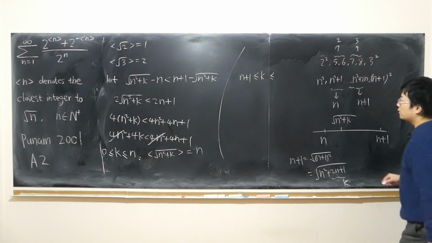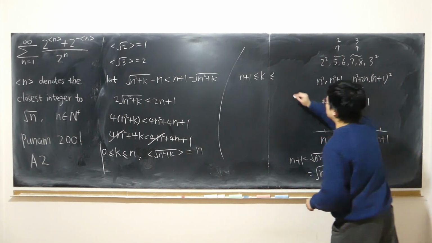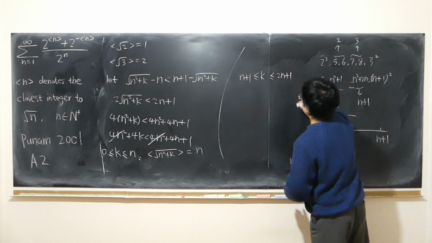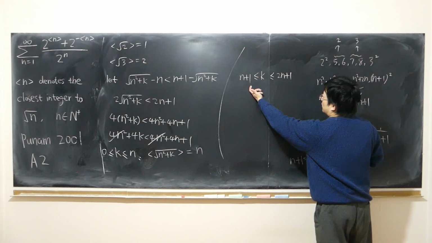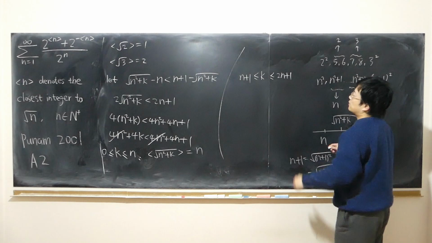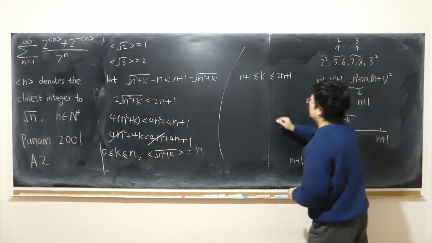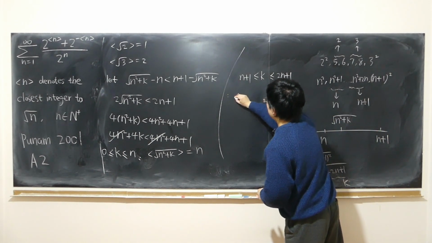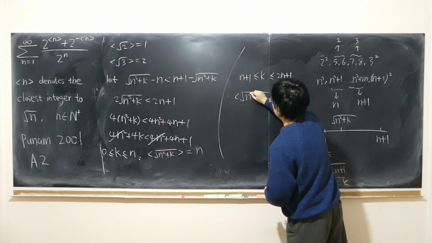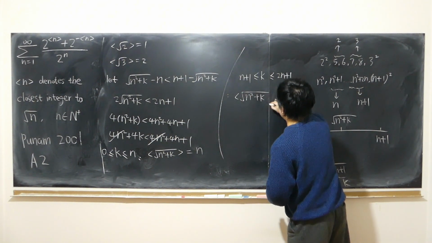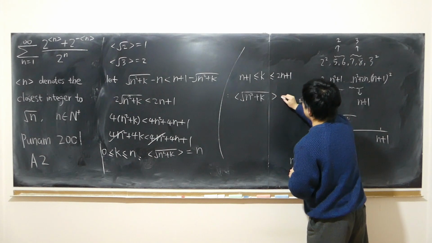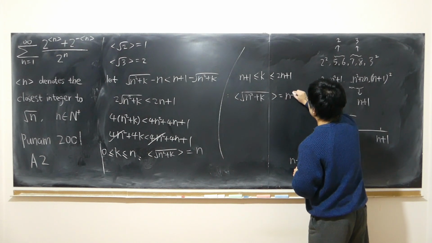So k equal to 2n plus 1 is fine. So k is n plus 1, n plus 2, n plus 3, all the way to 2n plus 1. This kind of k makes the closest integer to the square root of this type of number equal to n plus 1.